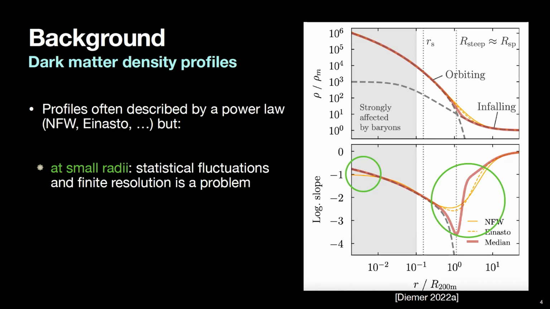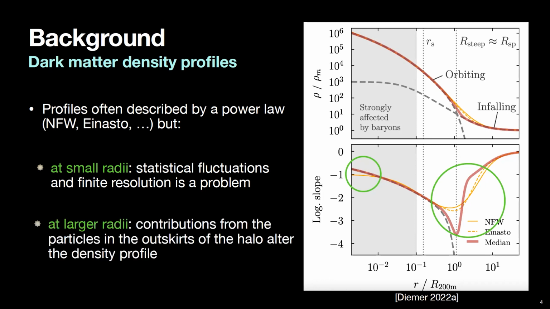And then there's also another related problem, like the finite resolution of our simulation. Whenever you have your resolution, you have a finite effective size of your particles, and that's limiting your resolution in those inner regions. And a way around that is just to add more particles, but that adds computational costs.